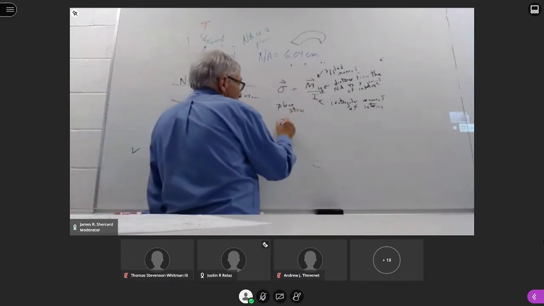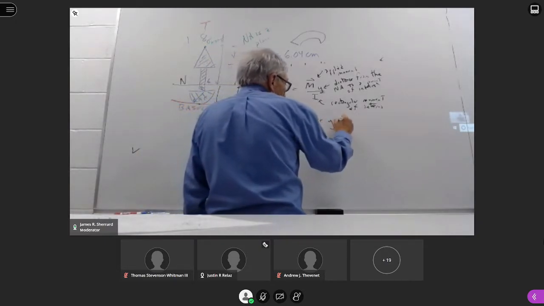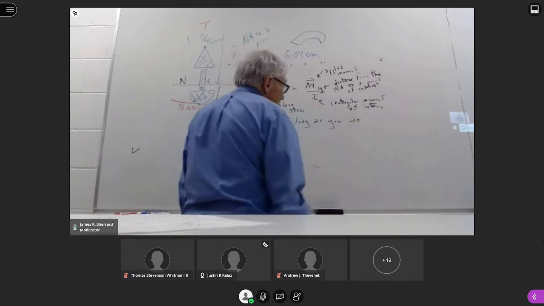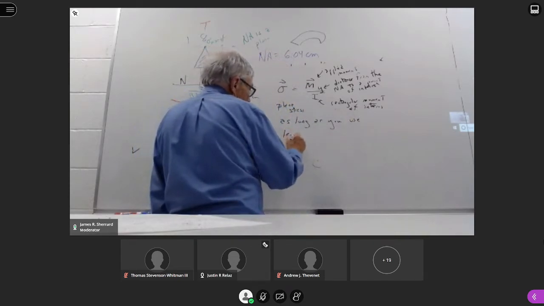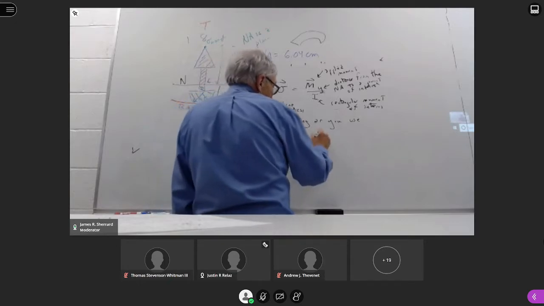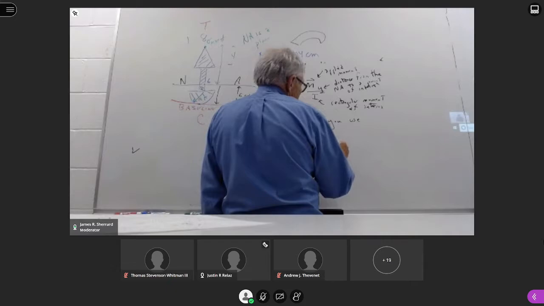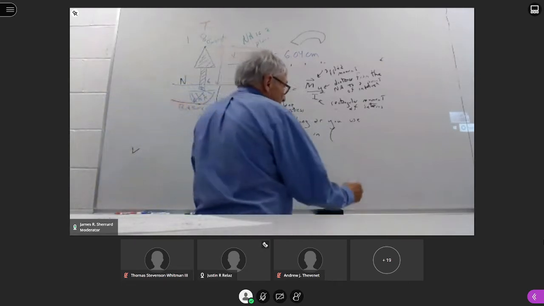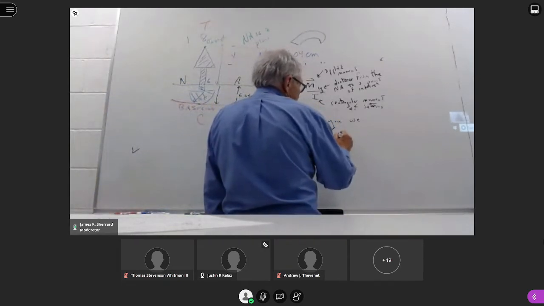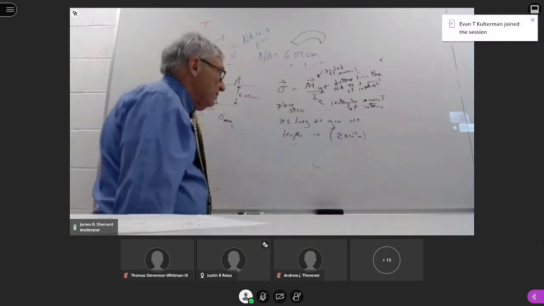And as long as you use lengths in meters, you're taking centimeters and putting it into meters. So if it was 2 centimeters, it'd be 2 times 10 to the minus 2 to get it into meters.